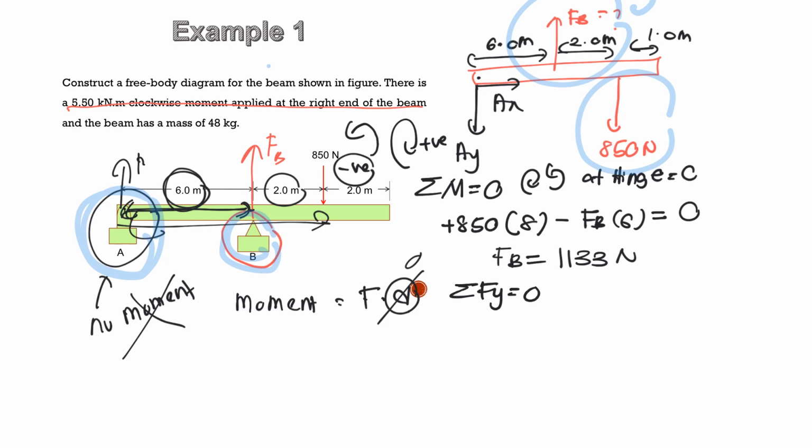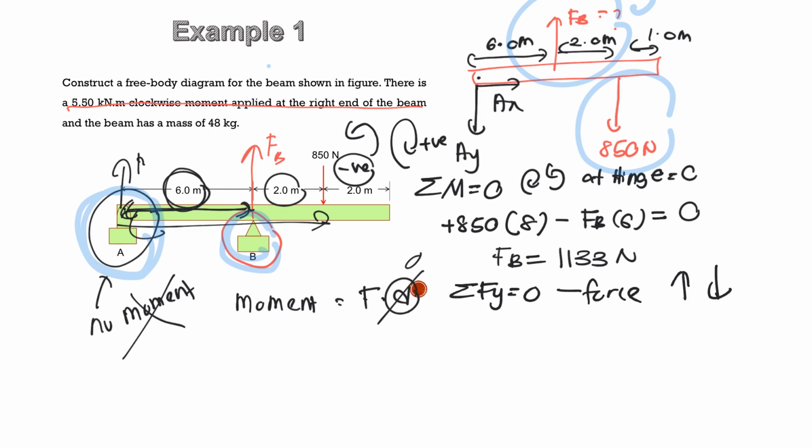You only focus on force, which means you don't have to multiply with the level arm. The things you need to focus on are only upward and downward. It's not about clockwise or anti-clockwise anymore.